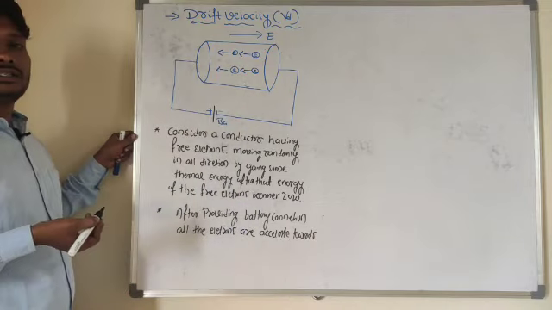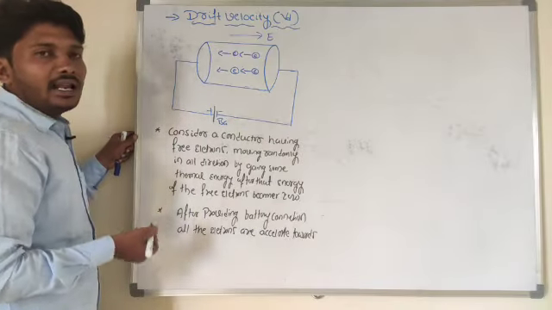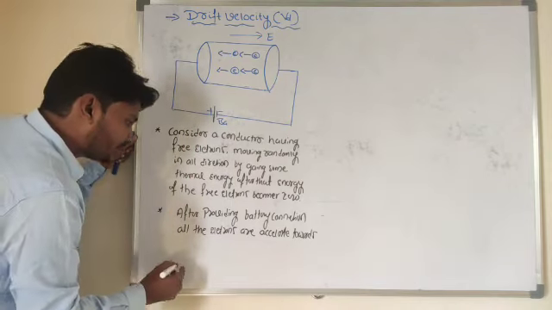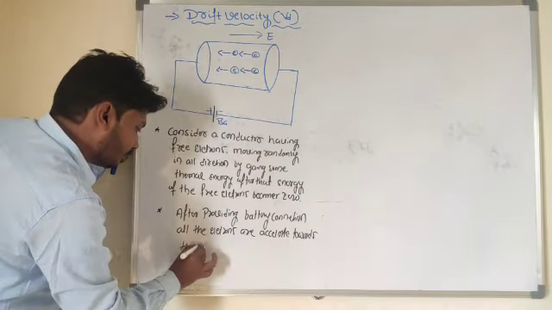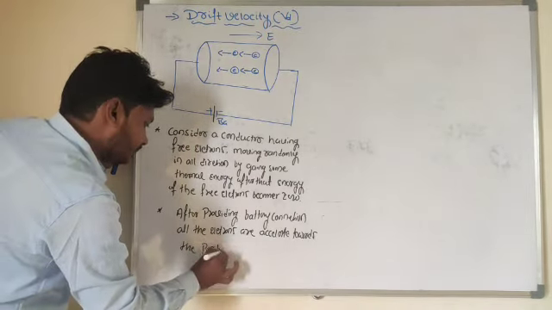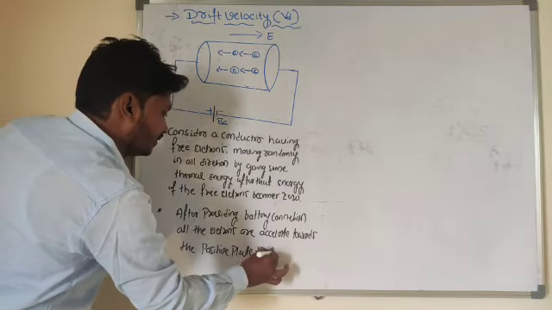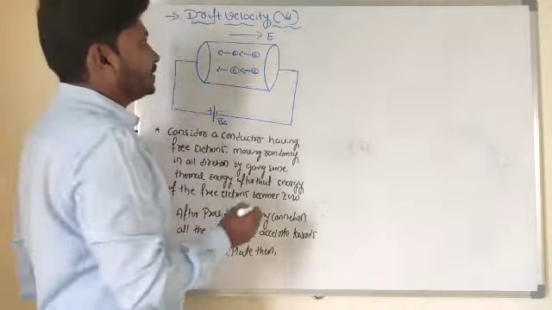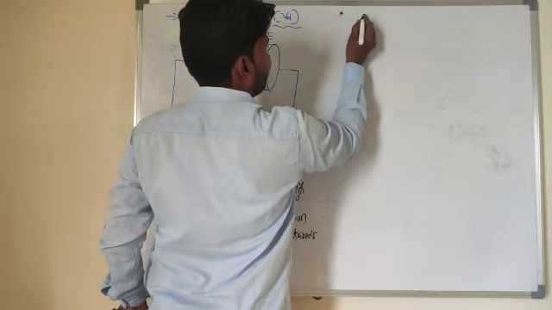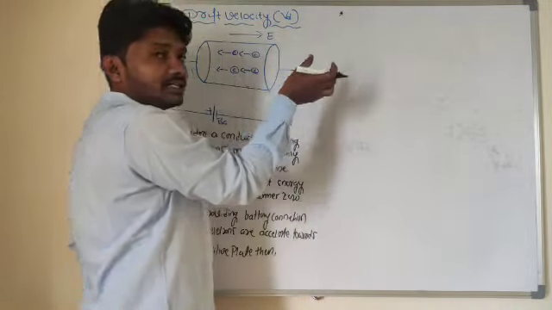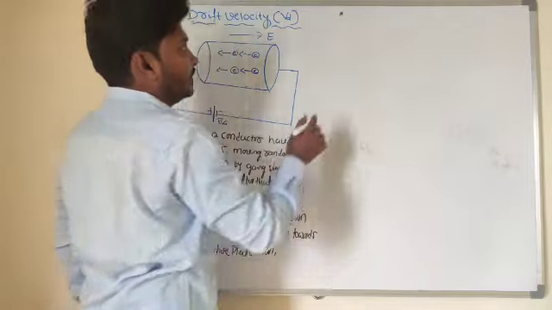In which direction do these electrons accelerate? All the electrons accelerate towards the positive plate, and then the velocity of the free electron is given by, that velocity I will name the drift velocity.